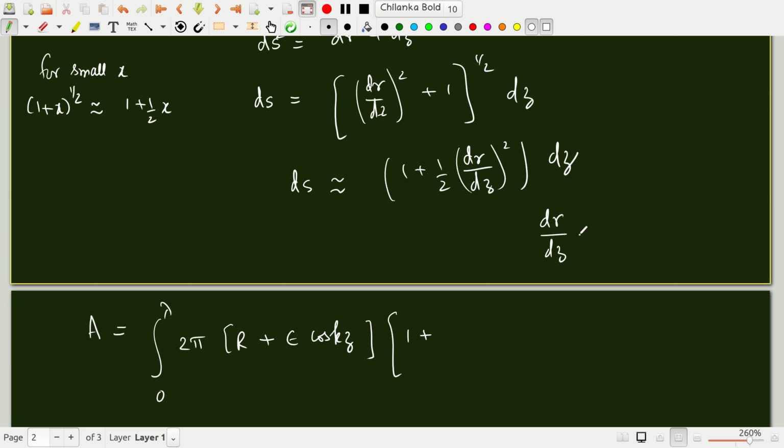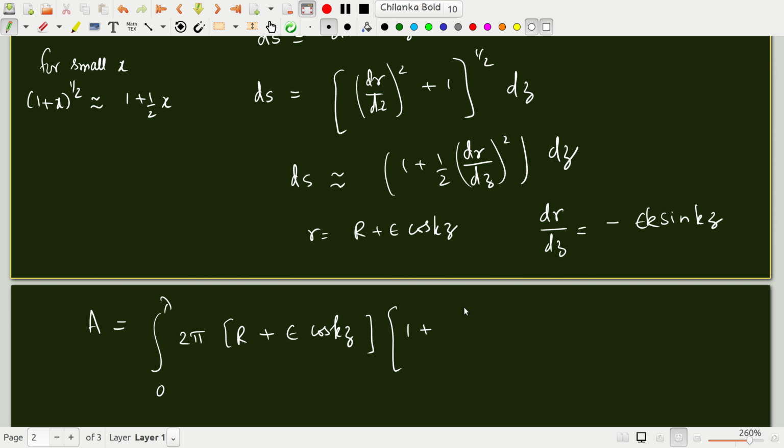If r is capital R plus epsilon cos kz, dr dz is nothing but minus epsilon sine kz. So if I square this, which is what I need to do here, I'll get half epsilon squared k squared sine squared kz times dz.